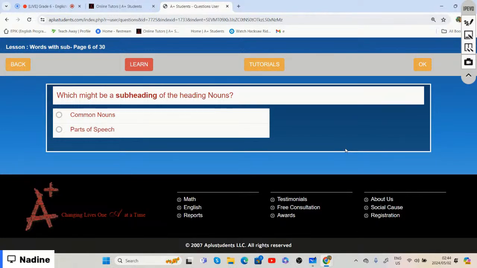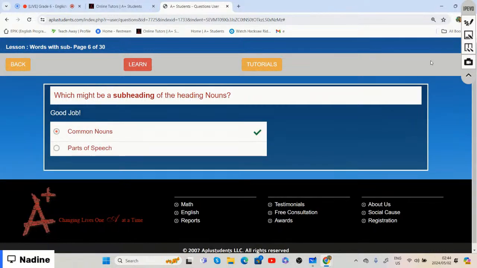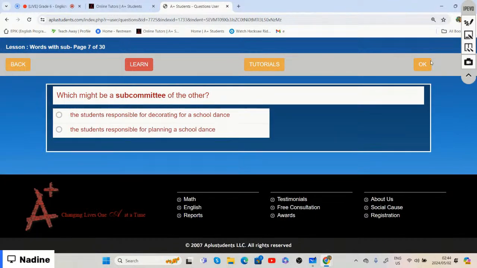Remember, if the heading is nouns, then our subheading can be common nouns, proper nouns or abstract nouns.